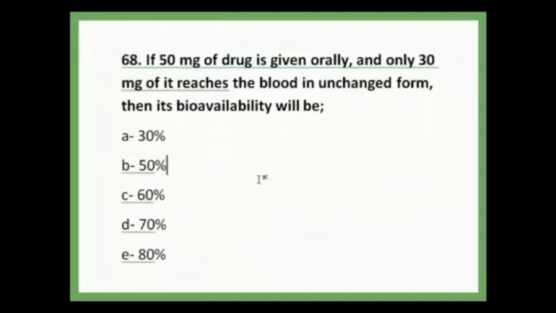Now the 8th MCQ of this video, if 50 mg of drug is given orally and only 30 mg of it reaches the blood in unchanged form, then its bioavailability will be. Actually, to calculate this calculation problem of bioavailability, we can use the formula, let's calculate this on the calculator. We know that only 30 mg reached the blood out of 50.